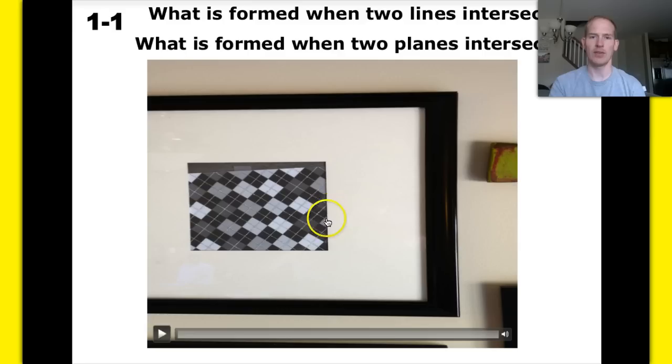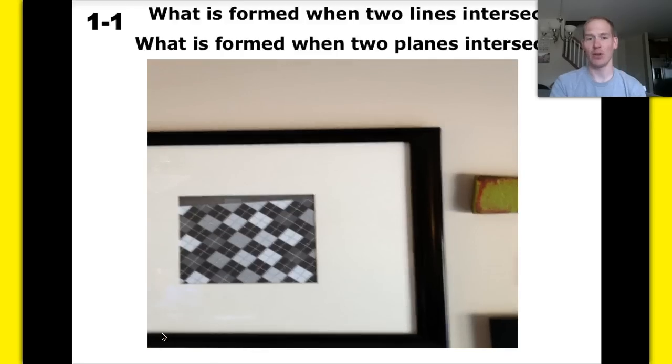So two lines here in my video, or line segments as well. And what is formed there? Well, I would consider that to be a point. What is formed when two planes intersect? And we'll get to show that.